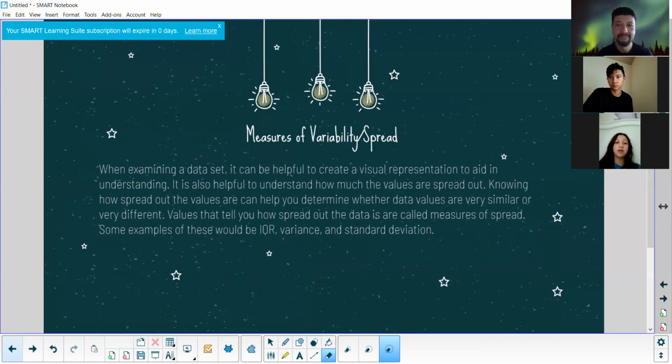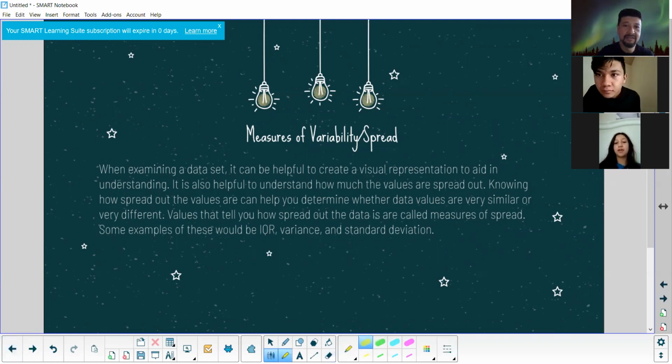Knowing how spread out the data is can help you determine whether data values are very similar or very different. Values that tell you how spread out the data is are called measures of spread. Some examples of these would be IQR, variance and standard deviation. Yeah, IQR, interquartile range, variance, and standard deviation.